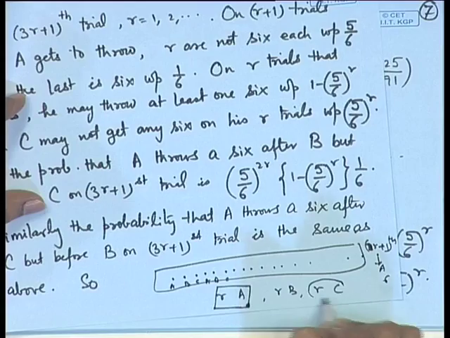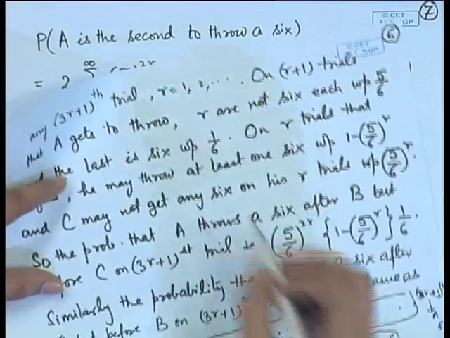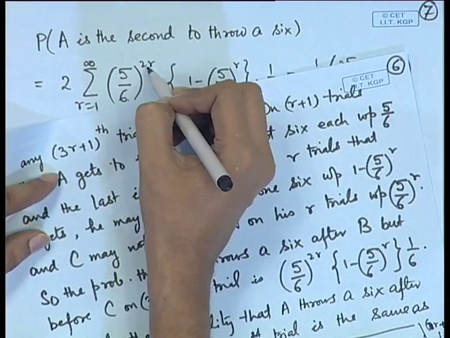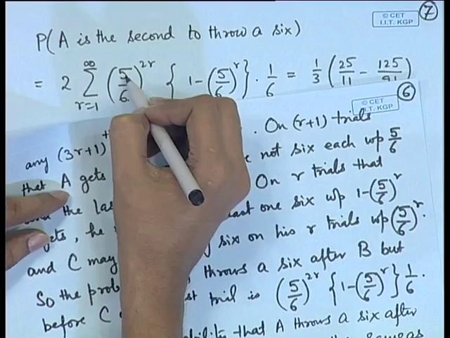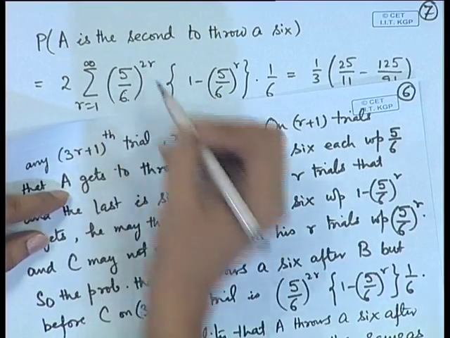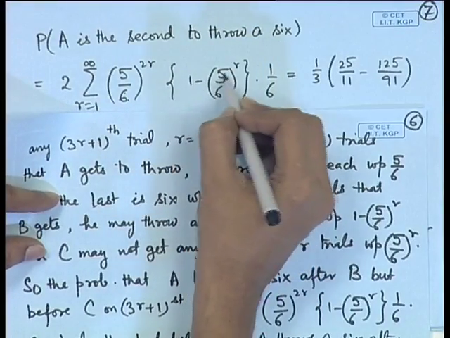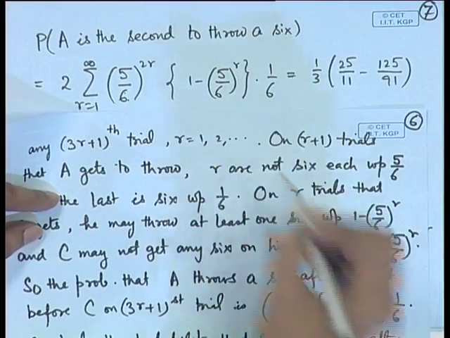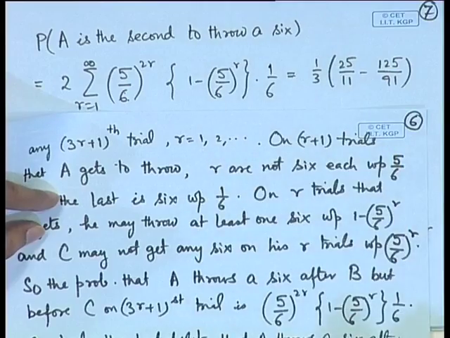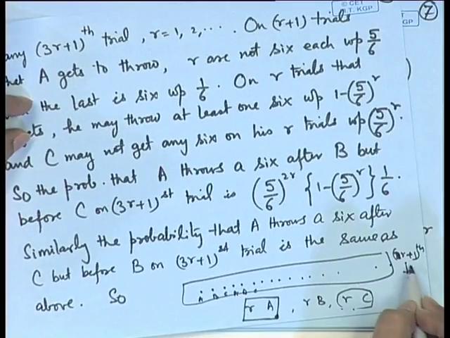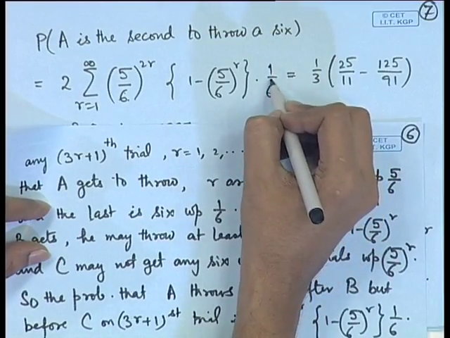For C, there is no 6, therefore, the probability for that is also 5 by 6 to the power r. So, the probability becomes 5 by 6 to the power 2r. For B, he gets at least 1 six, therefore, the probability is 1 minus 5 by 6 to the power r. On the last trial, the 3r plus 1th trial, A gets a 6 and the probability for that is 1 by 6.